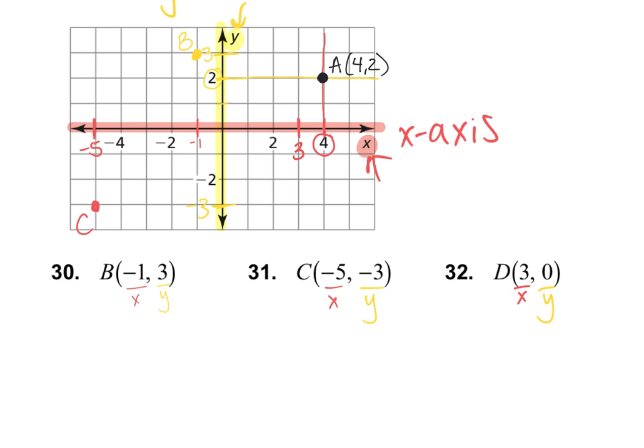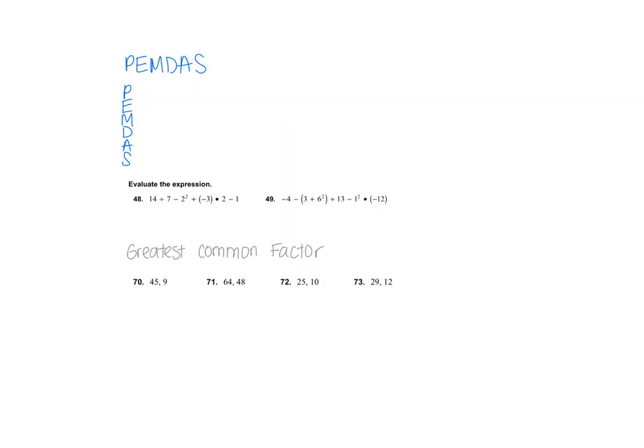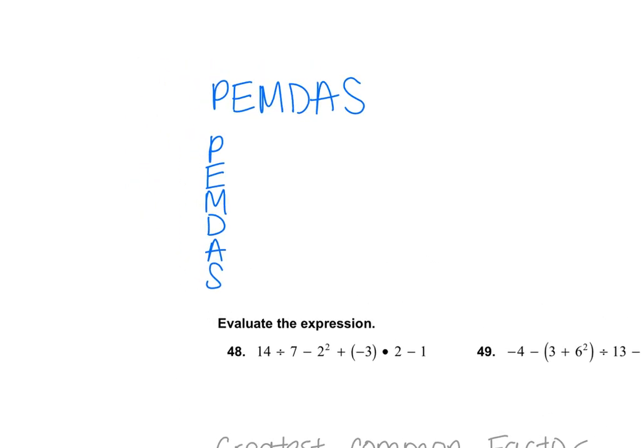So our last point is going to be this one, 3, 0, because your y value was 0. Okay, so this point is D. Again, guys, we will touch on this a bit more later on, but just getting you reintroduced to this stuff right now. All right, peeps, you finally made it to the last page.